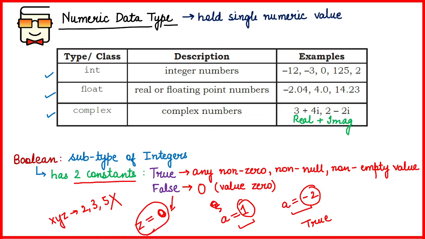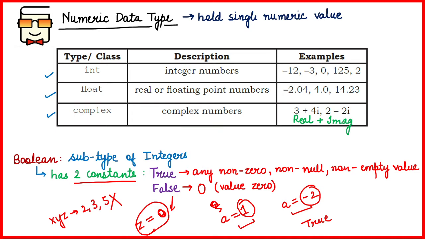For now, you just have to remember that the Boolean data type is a numeric data type. And why is it numeric? Because true means any numeric value which is not 0, and false means the numeric value 0. So when you print the numeric value corresponding to true, it will come out to be a non-zero number, and false means the 0 value.